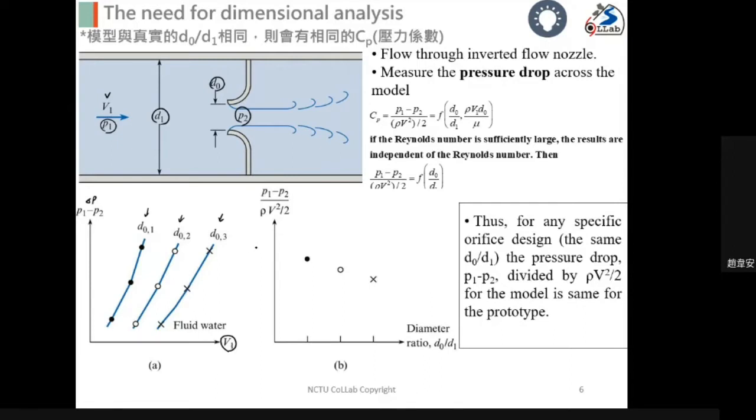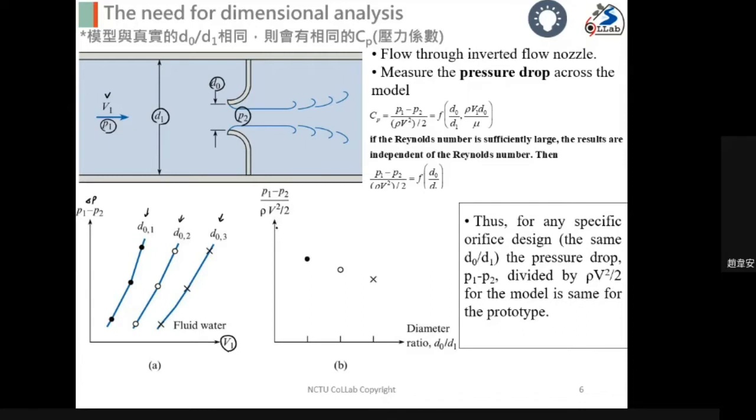But we rearrange our x and y values. As you see, we change the x-axis to the ratio of the diameters, d0 divided by d1, and we compute the ratio between the pressure difference and the kinematic energy.